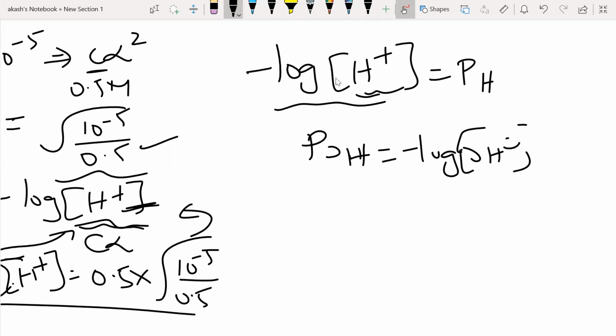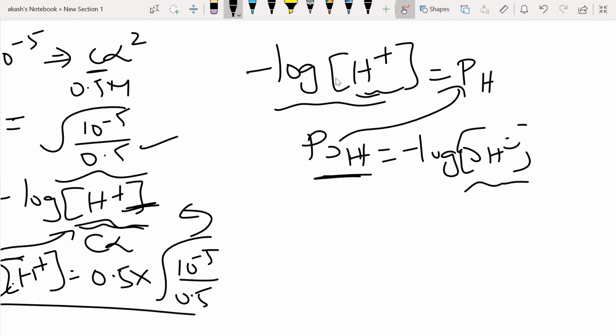If the base is in excess, then even after the reaction is completed, there will be some residual OH minus. Then you can find the pOH, and hope you remember how you find the pH from pOH: pH plus pOH is 14. So you can find the pH value also.